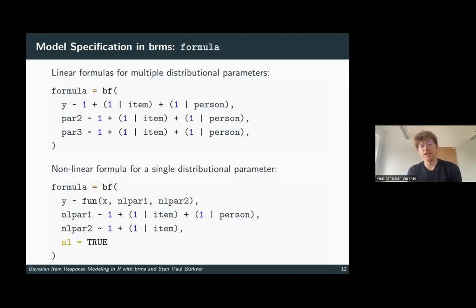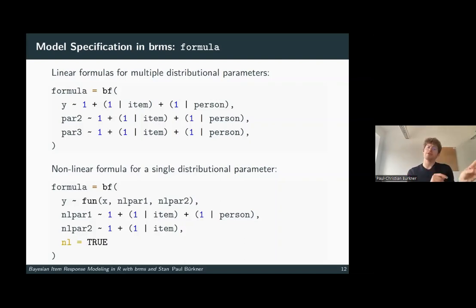So for example, if our response y is some nonlinear function of, let's say, some covariate x and 2 nonlinear parameters, let's say discrimination and easiness, then we could specify some nonlinear function fun of that covariate x plus the parameters.